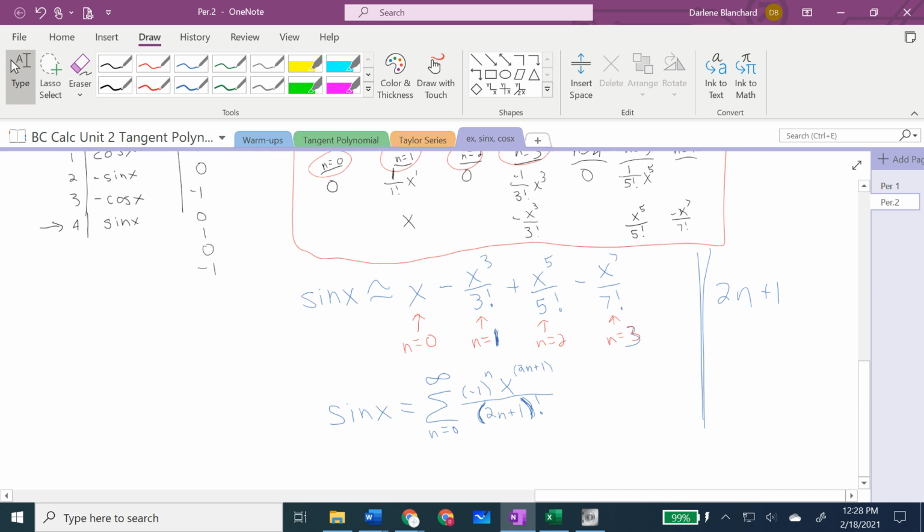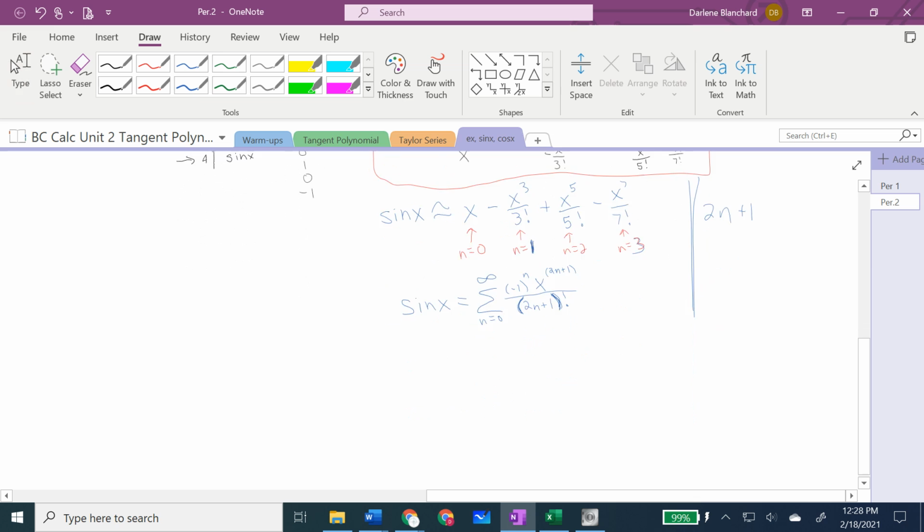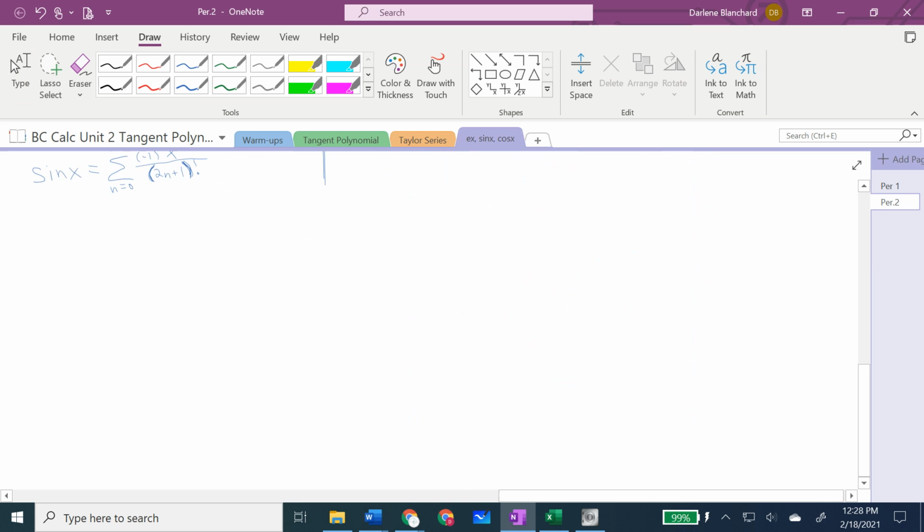The first thing I'm going to do is remind you of something from long, long ago. Long ago, you were asked, is that function an even function, an odd function, or neither? Does that sound familiar?